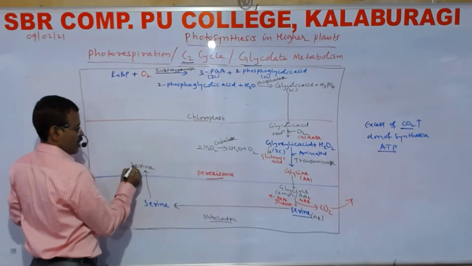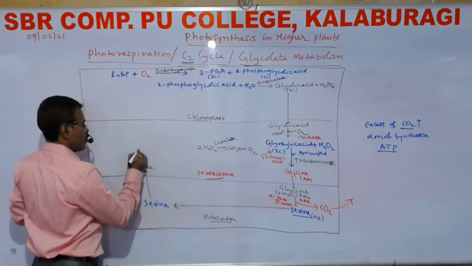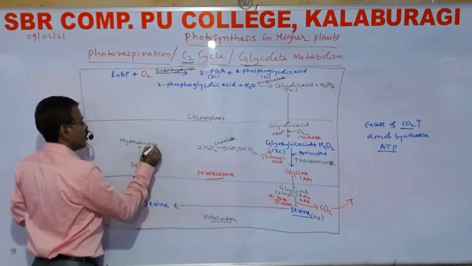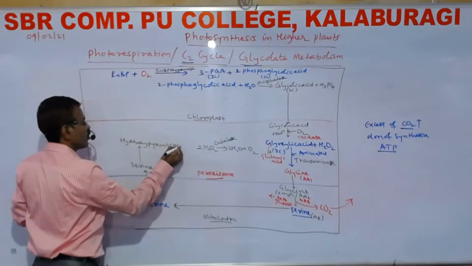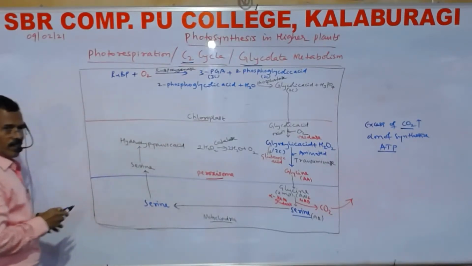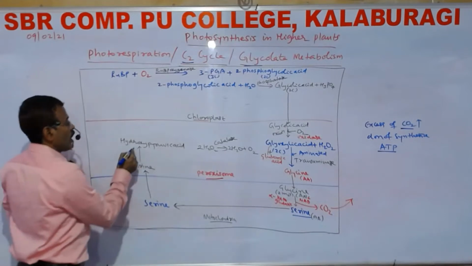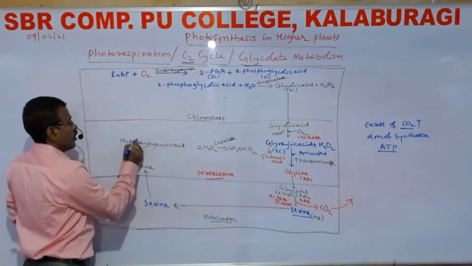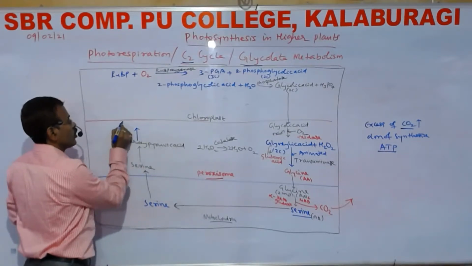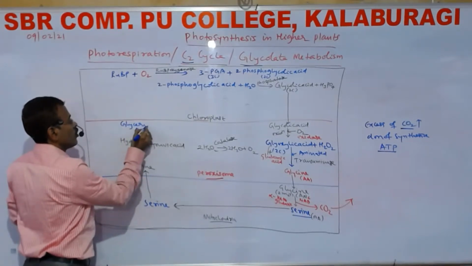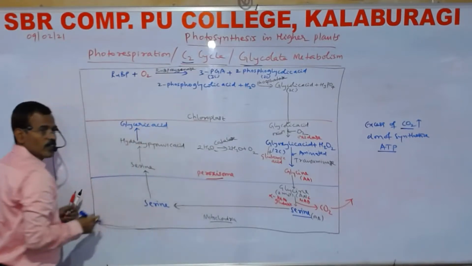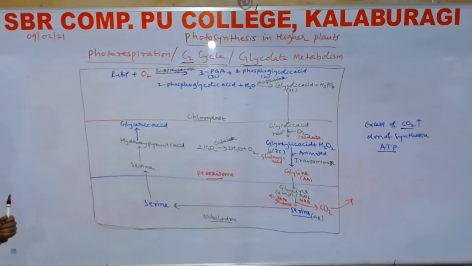So this serine will be converted into hydroxy pyruvic acid. Serine will be converted into hydroxy pyruvic acid. Okay, hydroxy pyruvic acid to glyceric acid, later, wherein in peroxisome.